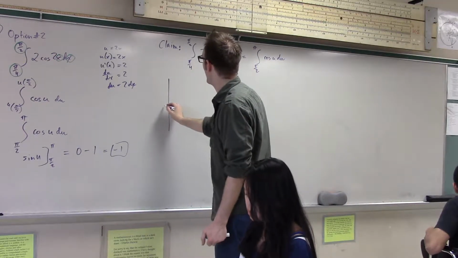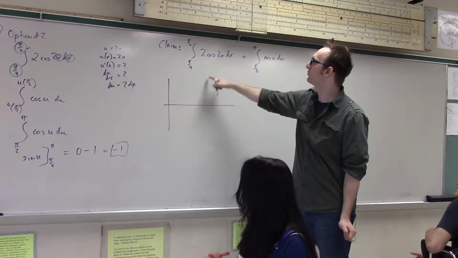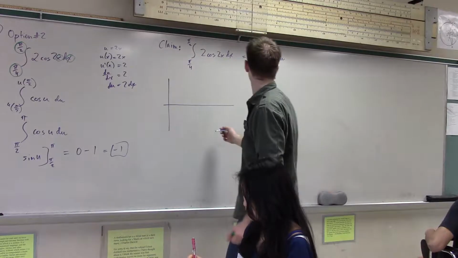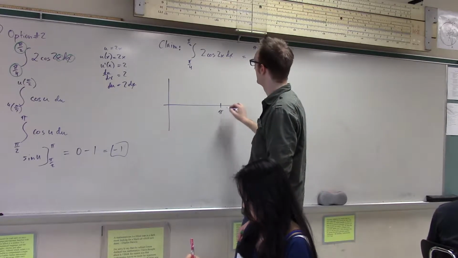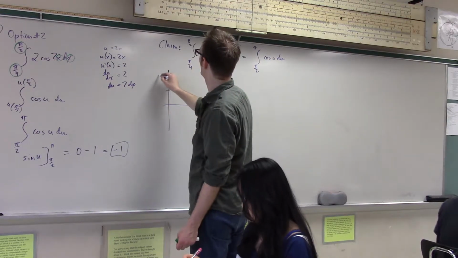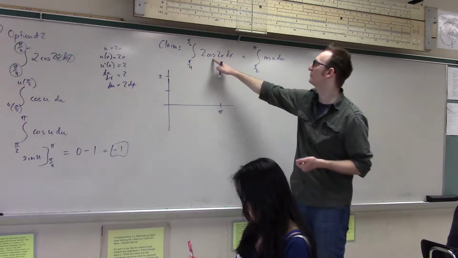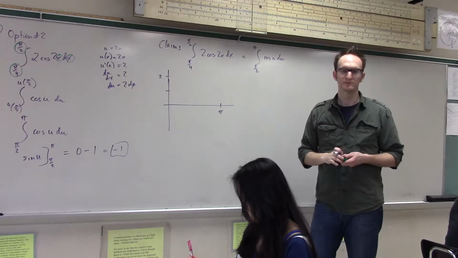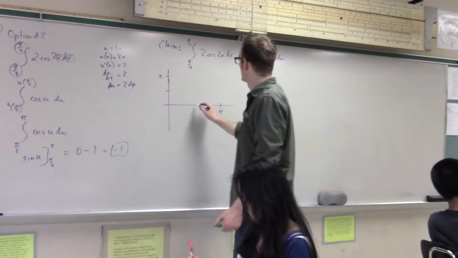Let's make a graph of 2 cosine 2x on the interval from pi over 4 to pi over 2. Well, let's let this be pi. The amplitude of this function is going to be 2, so I'll go 1, 2. And let's see, what's the period of cosine 2x? Pi. It's going to be pi, right?